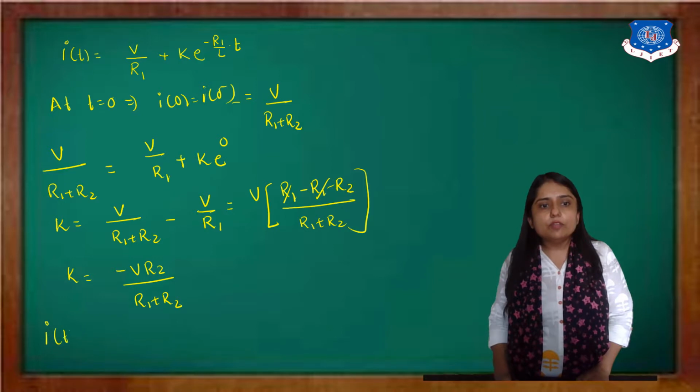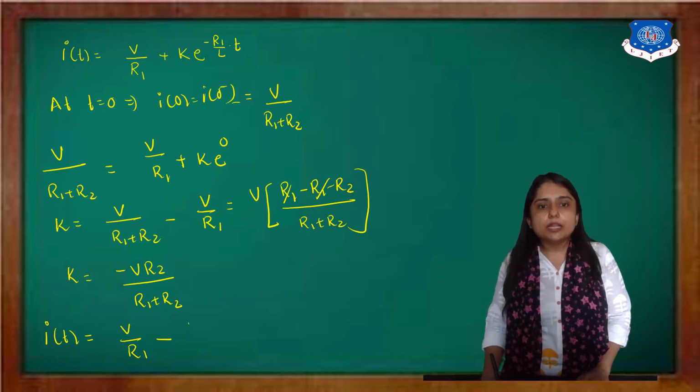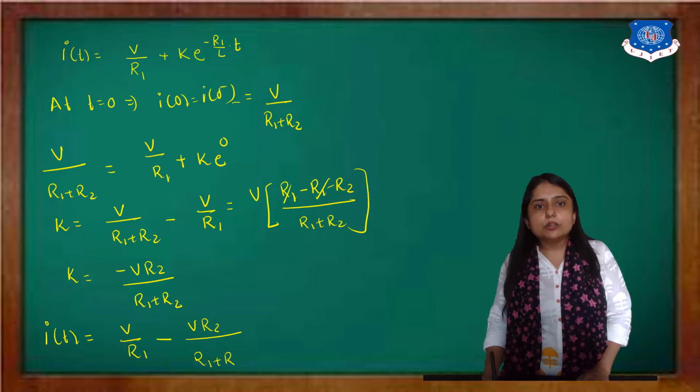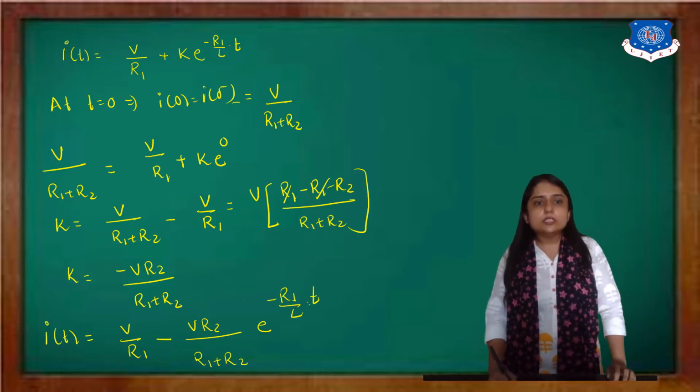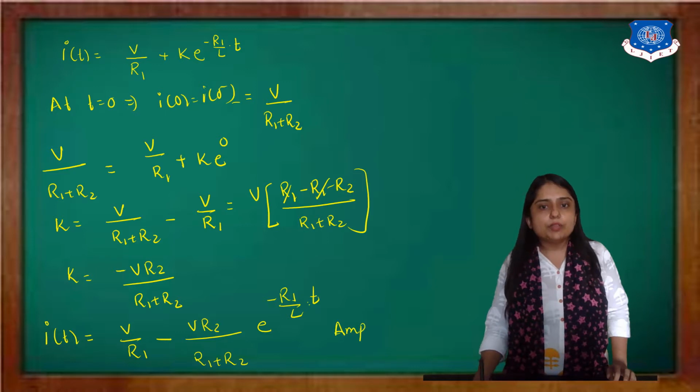Now you just substitute this value of K in the above equation. So I of t will become V by R1 minus, because the value of K is minus V into R2 upon R1 plus R2, into e raised to minus R1 by L into t. And yes, don't forget to write the unit, that is ampere.